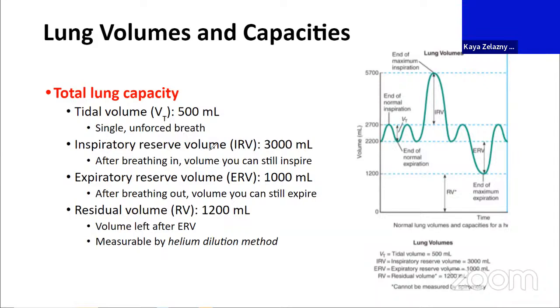So we're going to start by thinking about our tidal breaths. So the tidal volume is just our normal in and out here. So a single unforced breath is moving about 500 milliliters of air. Okay.